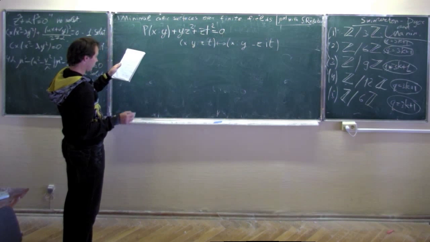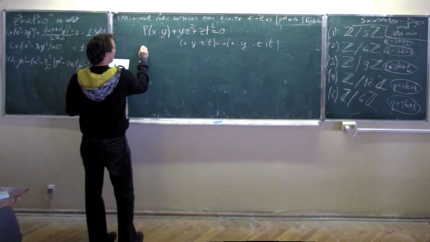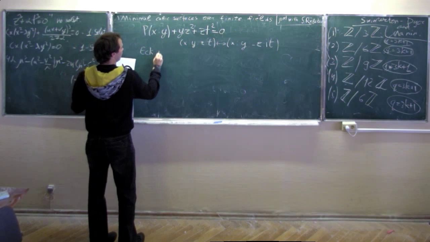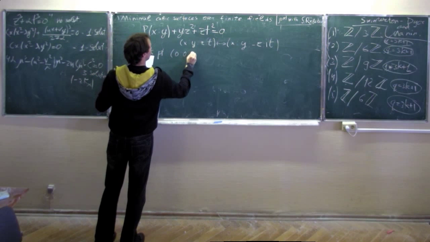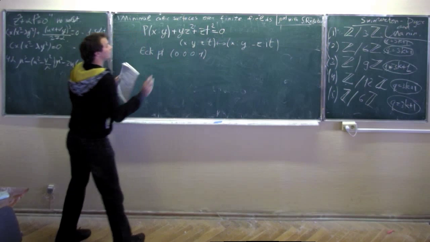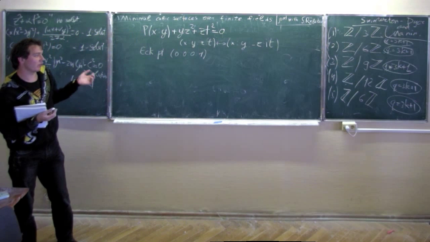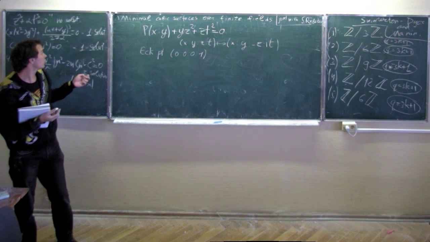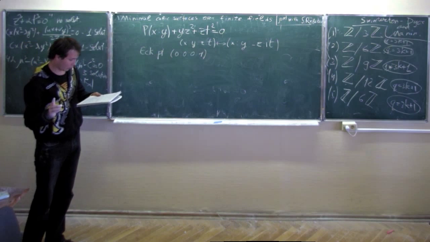What else do we have for this surface? We have Eckardt points. 1 Eckardt point. It will be 0, 0, 0, 1. So, applying the construction like in the previous 2 cases, for this one and this one, we can prove the following.